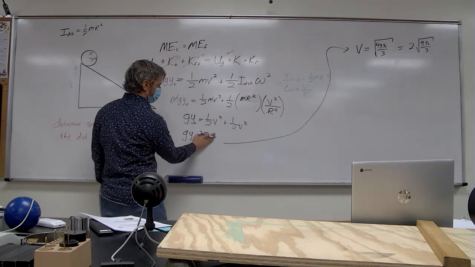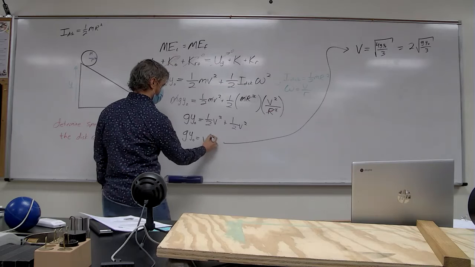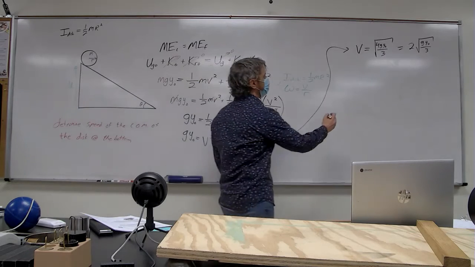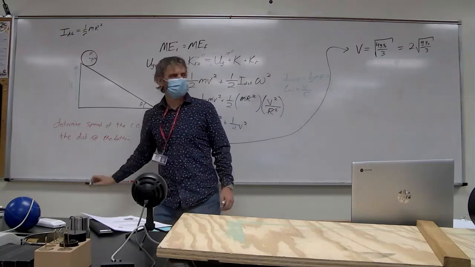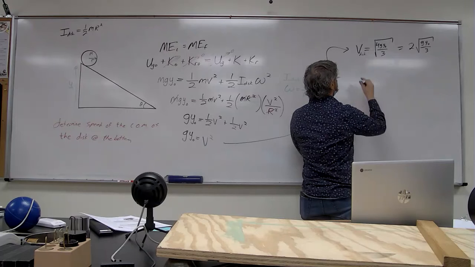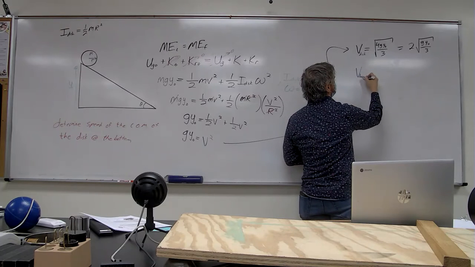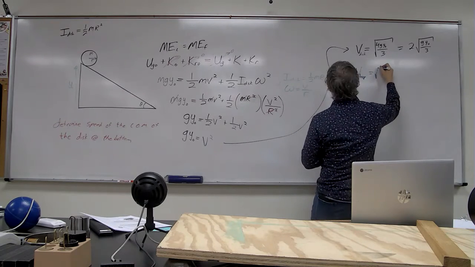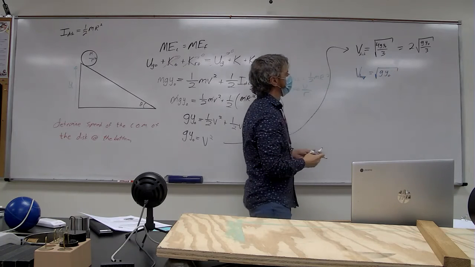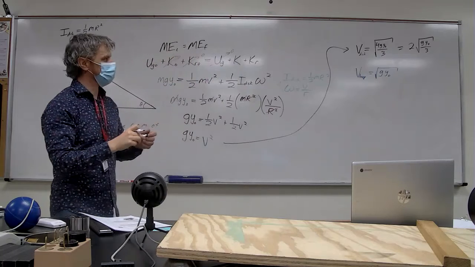And we would just literally have a v squared here. And so the velocity for the hoop, this is for the disk, and the velocity for the hoop would be the square root of g y naught. Why the hoop is slower.